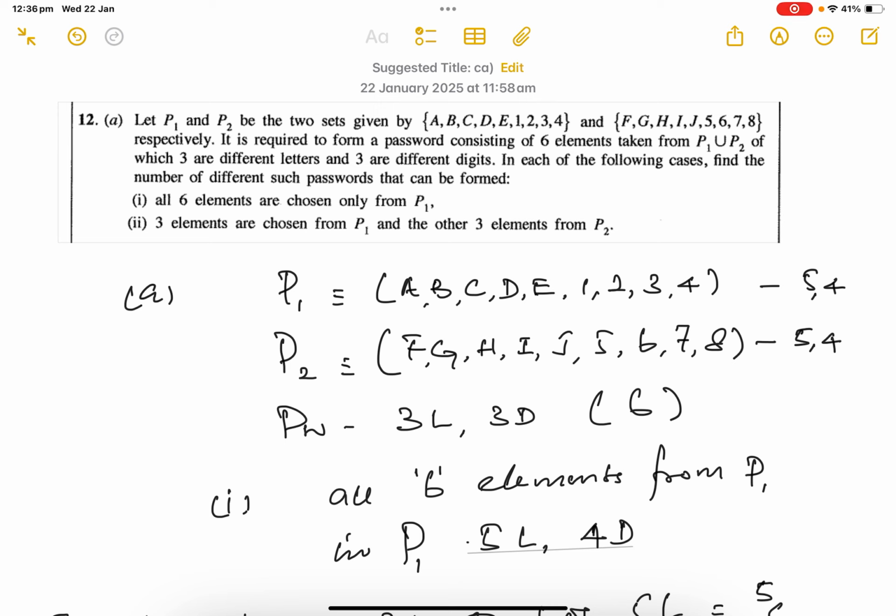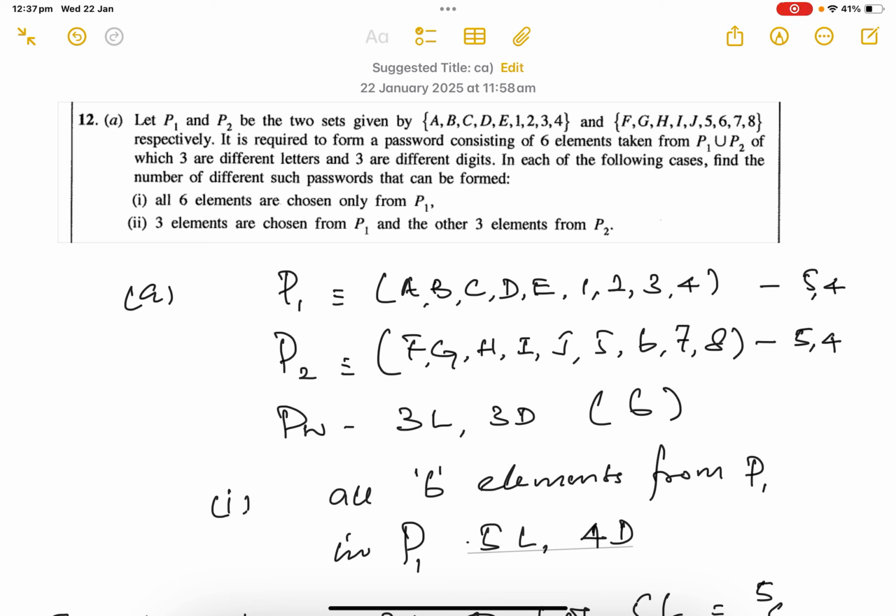Let's look at it, and let me write that. P1 is A, B, C, D, E, 1, 2, 3, 4: 5 letters and 4 digits. P2 is F, G, H, I, J, 5, 6, 7, 8.